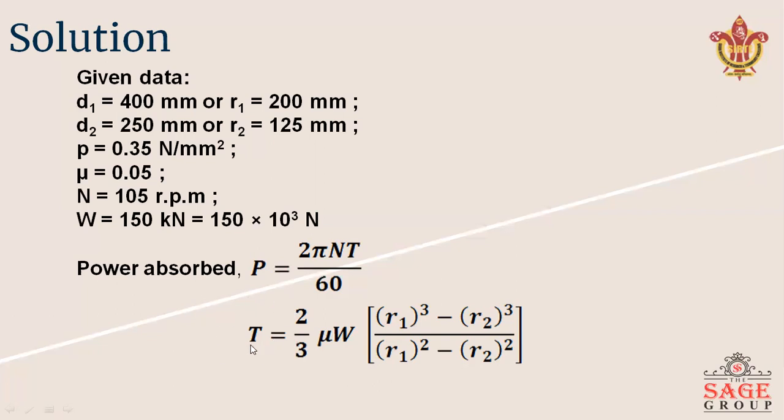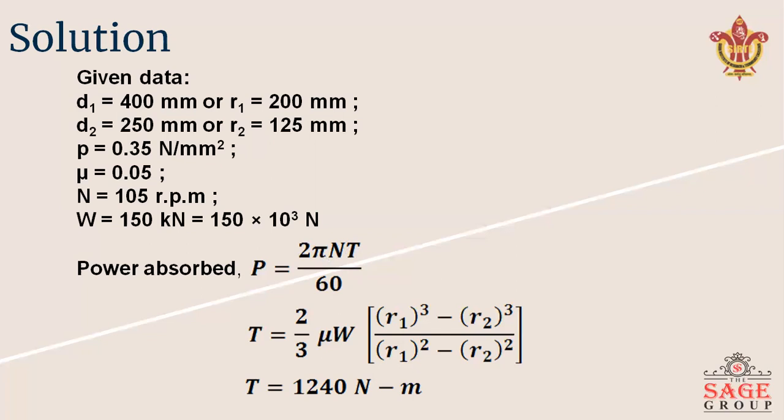The total frictional torque T equals 1240 Newton meter. Now we substitute the value of frictional torque in the equation for power absorbed. T equals 1240, N equals 105, and pi equals 3.14.